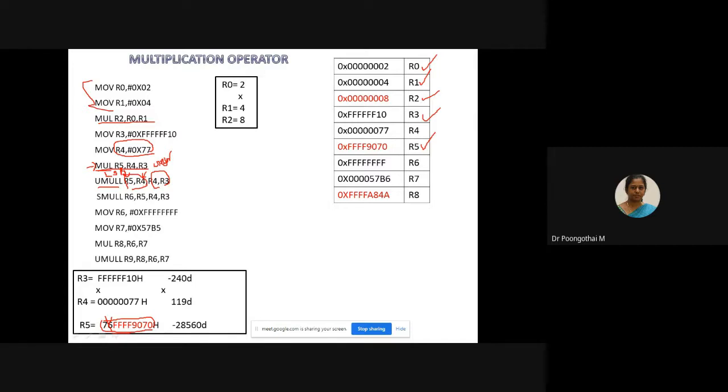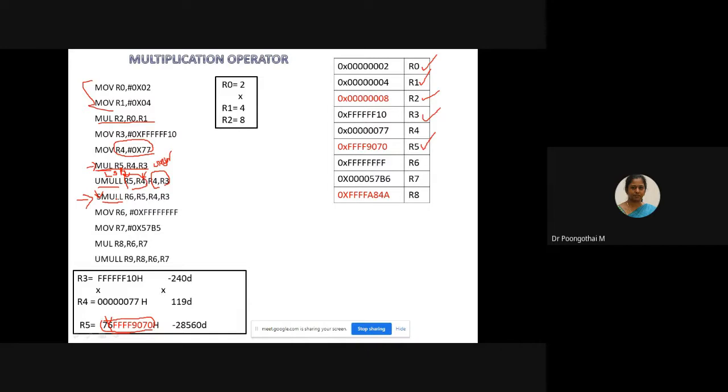Okay. For these two inputs, I am going to use signed long multiply. When we use this signed long multiply instruction, your processor always interprets your inputs as signed numbers.